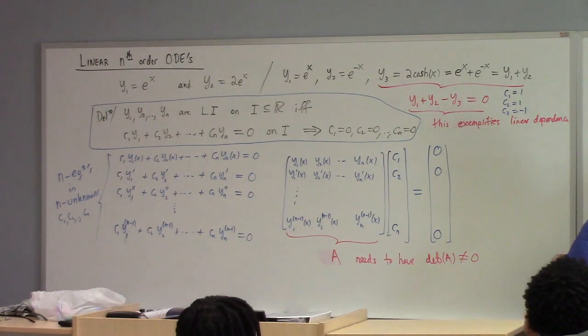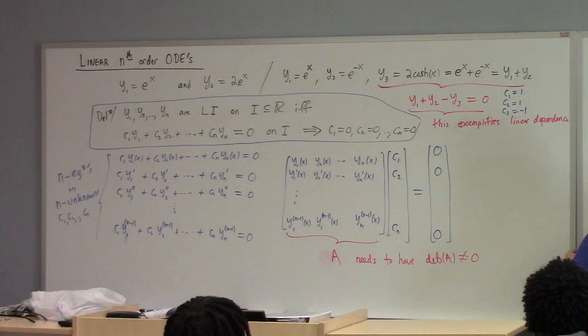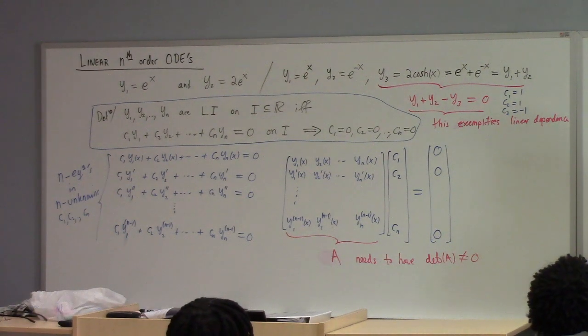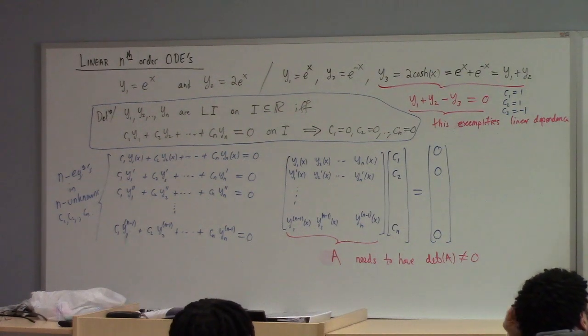So the Wronskian of y1, y2, through yn at the point x is equal to the determinant of y1 of x through yn of x, y1 prime of x through yn prime of x, and so forth until you get to the n minus 1th derivative down here.